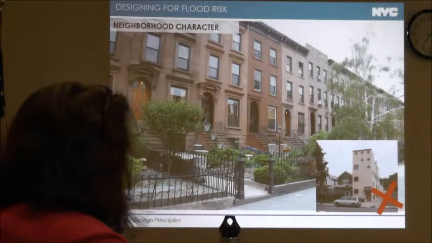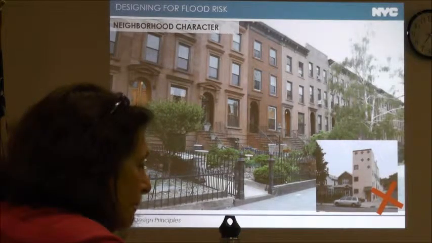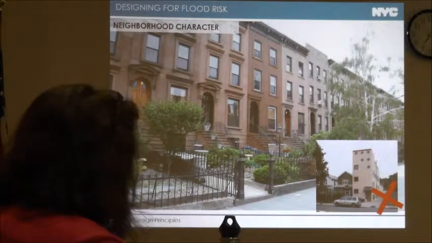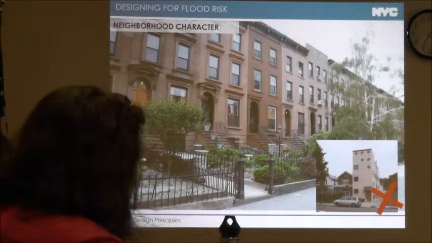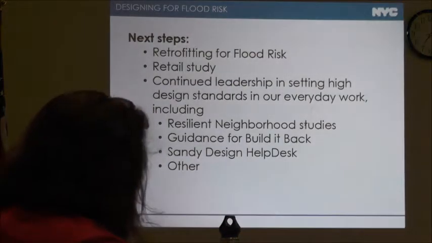I think some of these slides don't capture the particular character of the Rockaways. For instance, in the Rockaways, the neighborhood's defined by a beach bungalow kind of character, and so you would try to find ways to maintain that scale and the character of the beach bungalow community.